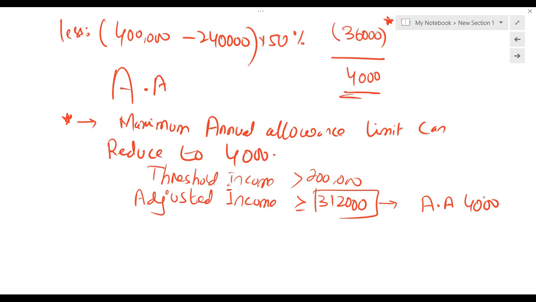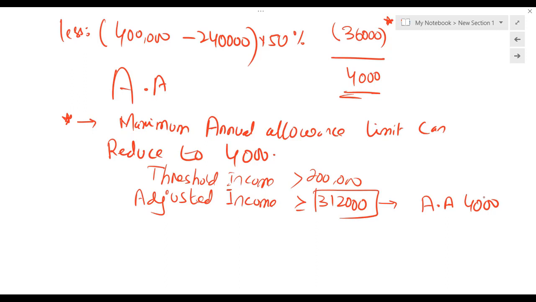If you take 50% of that 72,000, it comes to 36,000. And from 40,000, if I deduct 36,000, I'll get 4,000. So whoever has adjusted income of 3,12,000 or more gets an annual allowance of 4,000, because the annual allowance cannot go to zero.